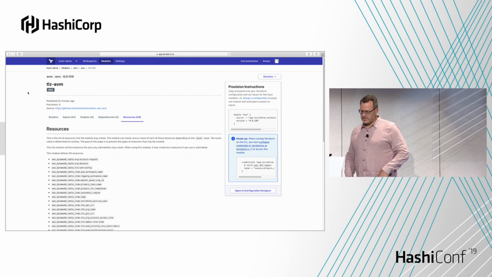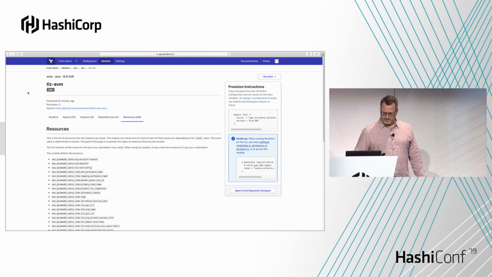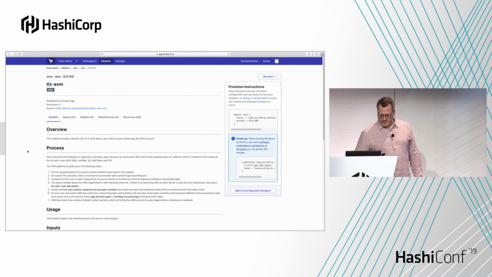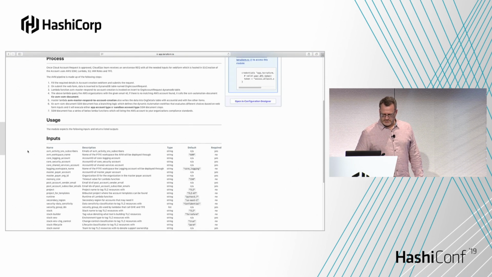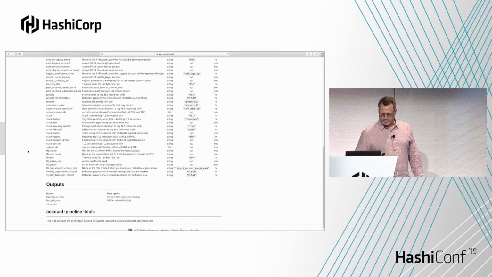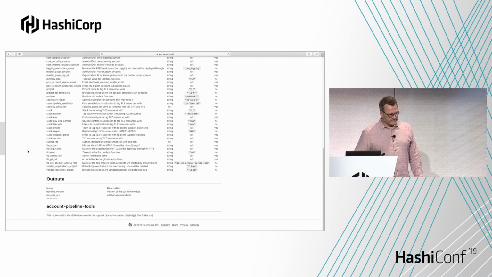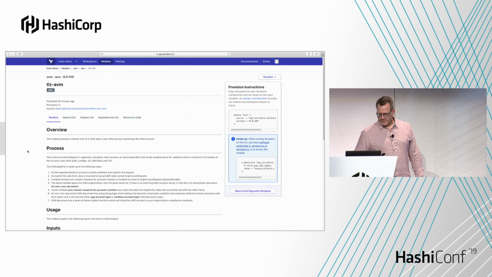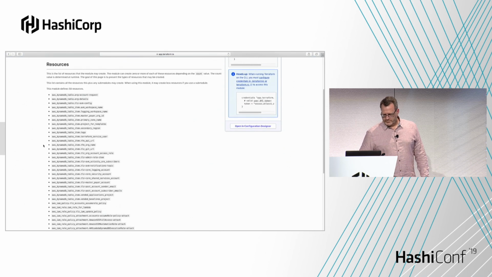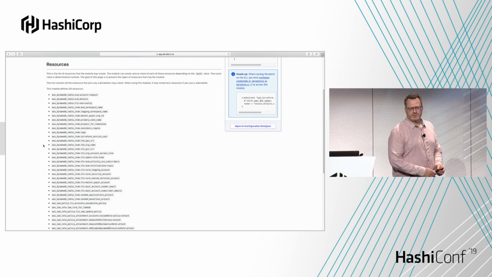This is the account vending machine module. We put all the documentation in there. We have quite a number of inputs, and we have the outputs. The key thing is, there are 58 resources that get deployed when this goes up.